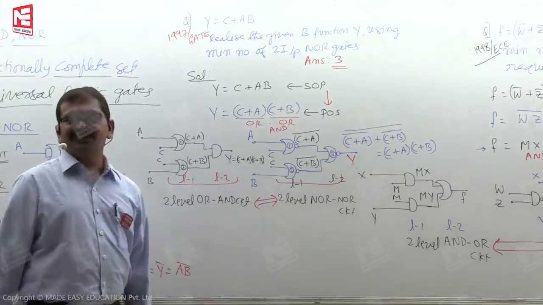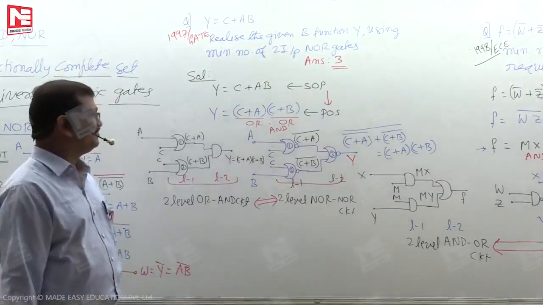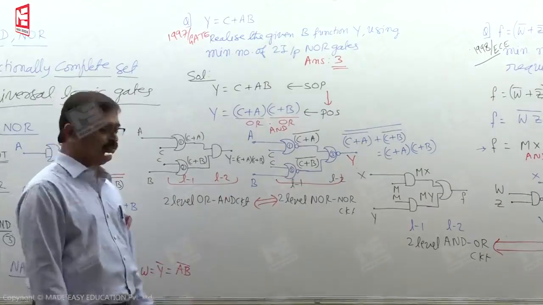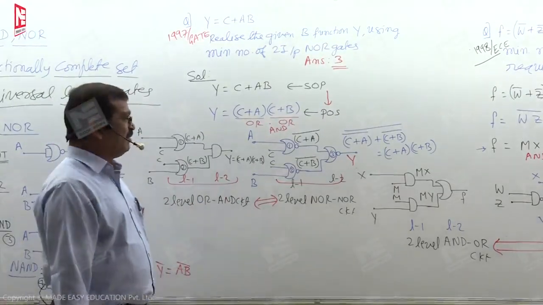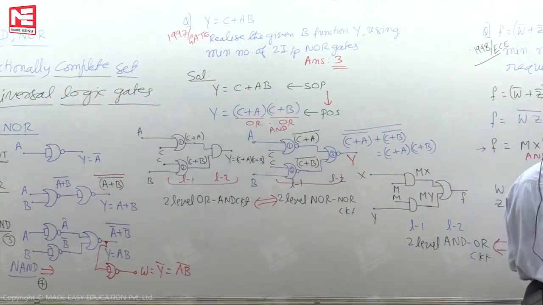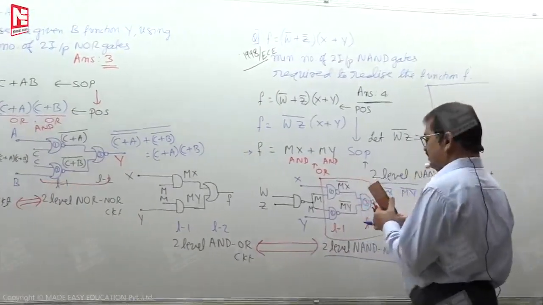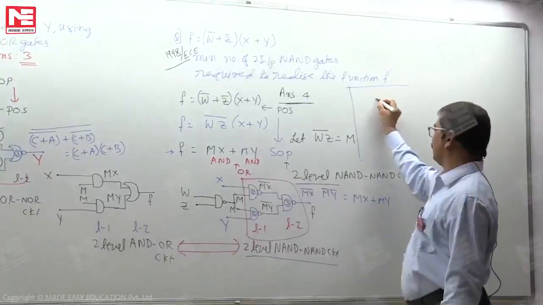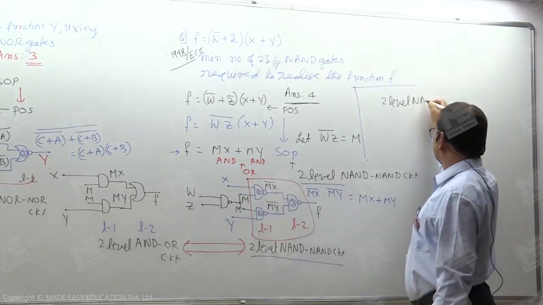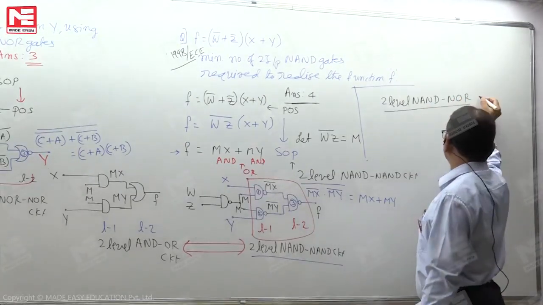Similar to these 2-level circuits, we must be able to speak about any other sort of 2-level circuits. Suppose somebody asks a question: we have a 2-level NAND-NOR circuit, what is its equivalent?